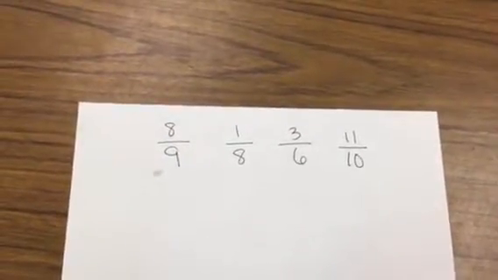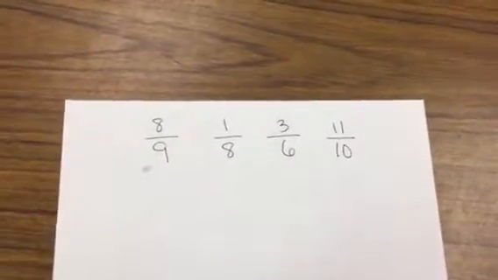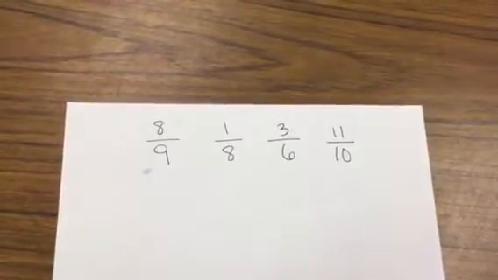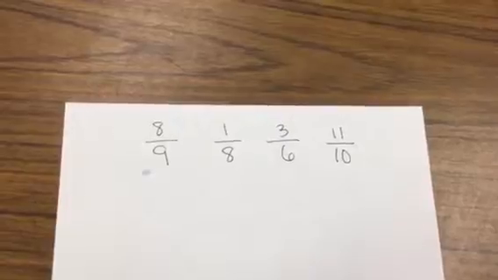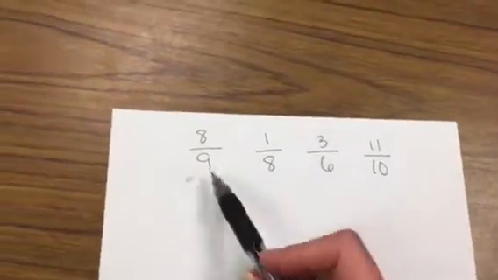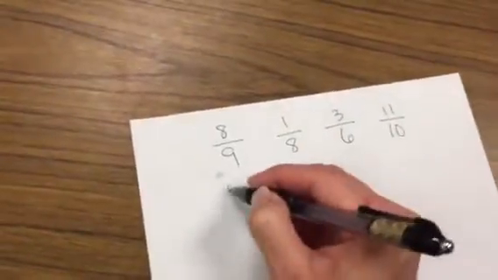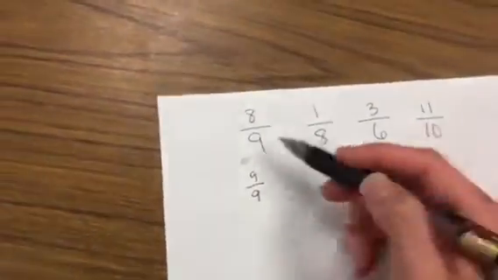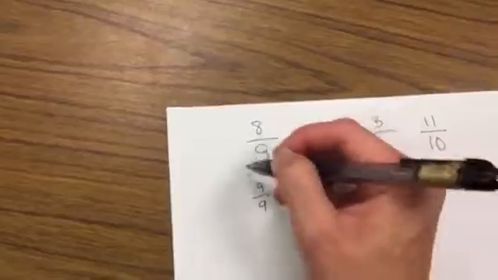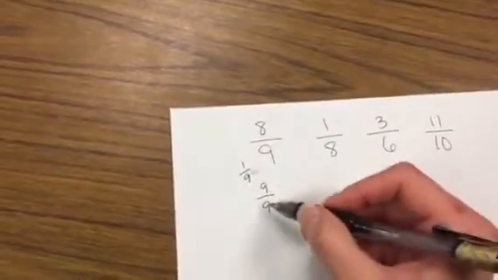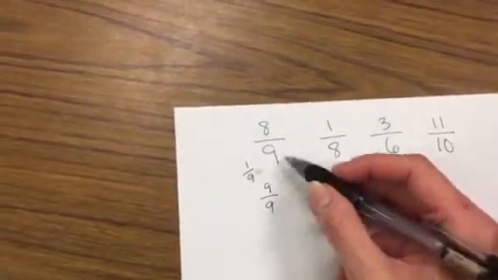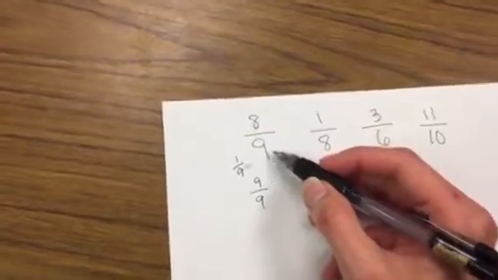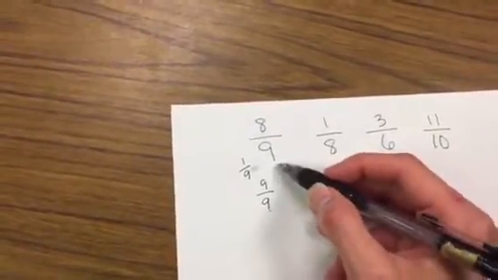That means how big it is, how small it is, and what we know about those. So what we know about 8 9ths is that it takes 9 9ths to equal a whole. So this one is only 1 9th away from being a whole. So that means this one's pretty large because it's almost the whole.